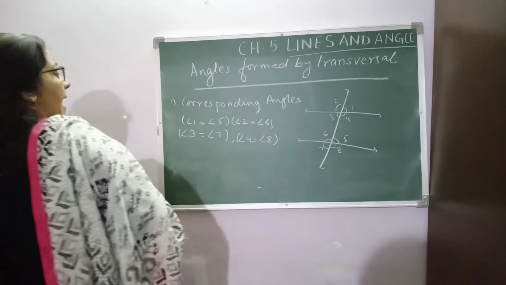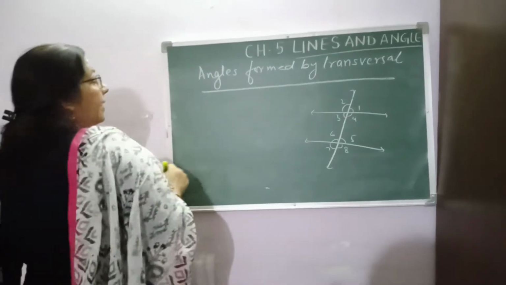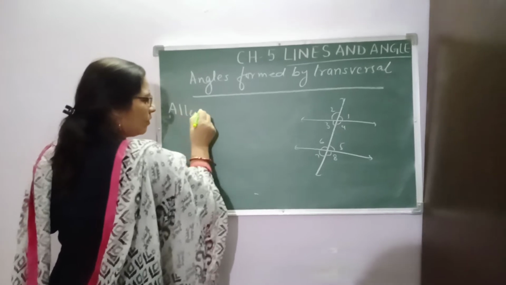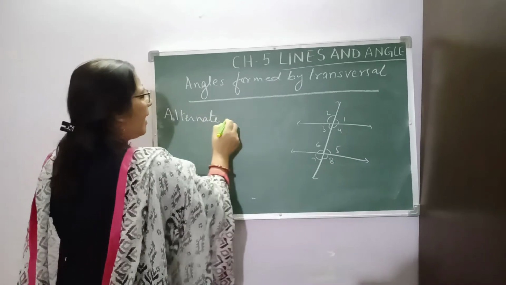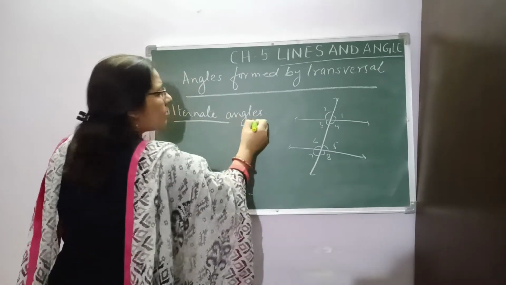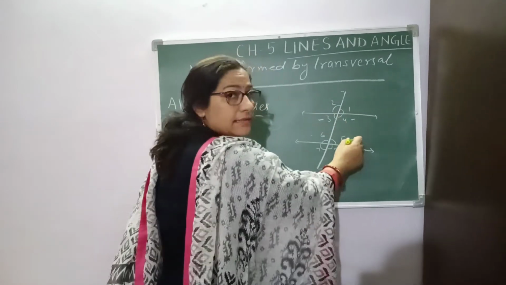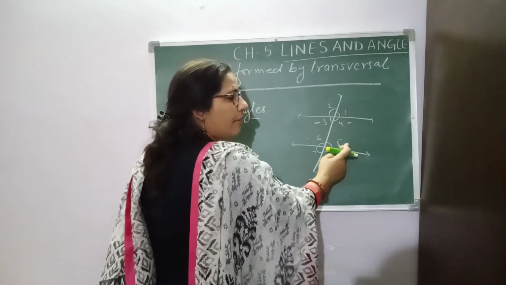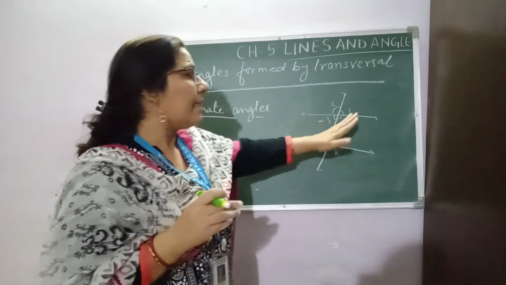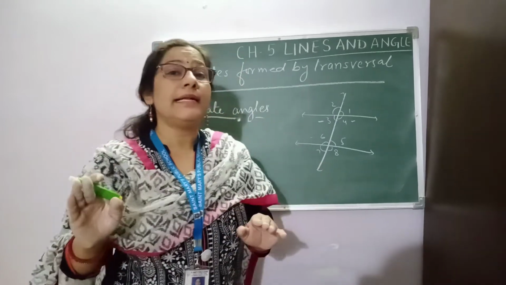Now the next is alternate angles. See, in the starting I told you we have interior angles. Angle 3, angle 4, angle 5 and angle 6 are interior angles in this figure, but angle 1, angle 2, angle 7, angle 8 are exterior angles.